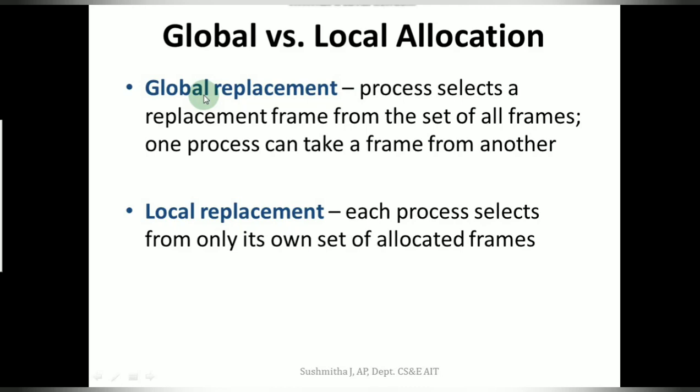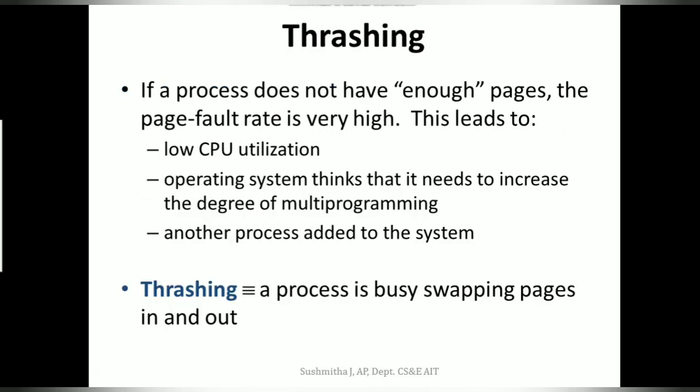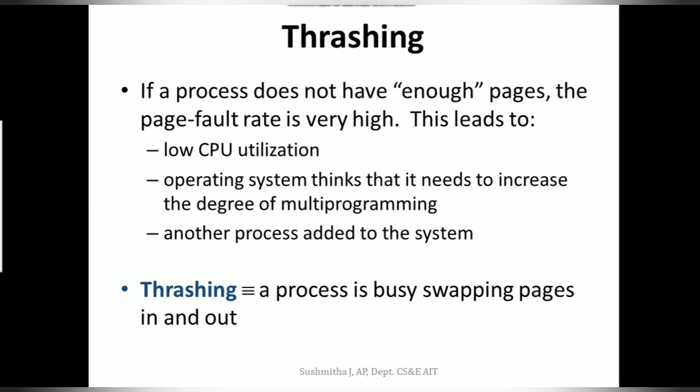The next thing that we have is one of the issues with replacement, that is thrashing. Now what is thrashing? Thrashing is a condition where the system is spending a major portion of its time in page faults, but the actual processing done is very negligible.